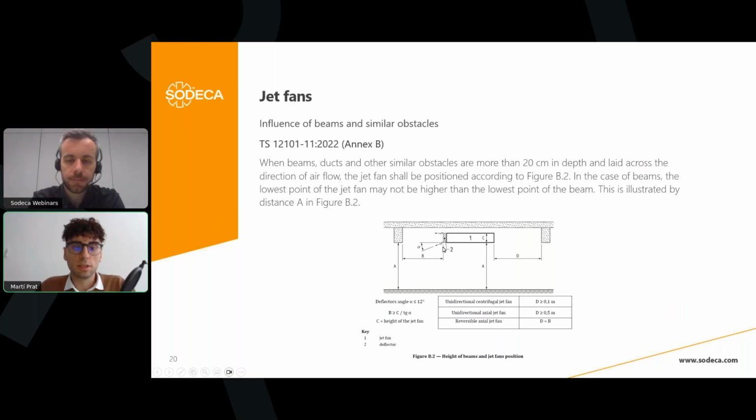And since the jet fans also have a deflector which deflects the jet of the fan, we can calculate with pure trigonometry here the inclination of the jet and calculate this minimum distance that the jet fan should have in front of the jet fan.